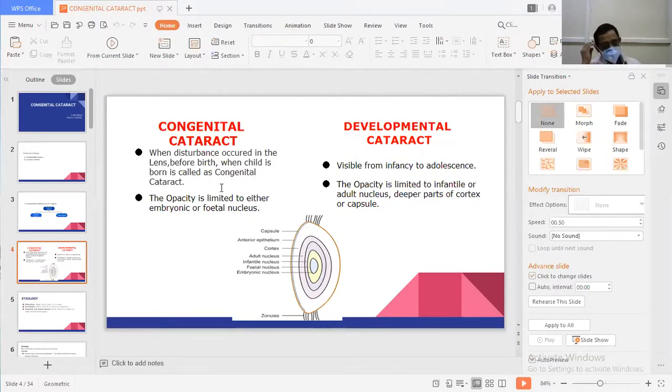Congenital cataract occurs when a disturbance occurs in the lens before the child is born. Developmental cataract is visible from infancy to adolescence. The opacity of congenital cataract is limited to either the embryonic or fetal nucleus. The developmental cataract is limited to the infantile or adult nucleus, which also includes deeper parts of the cortex or capsule.